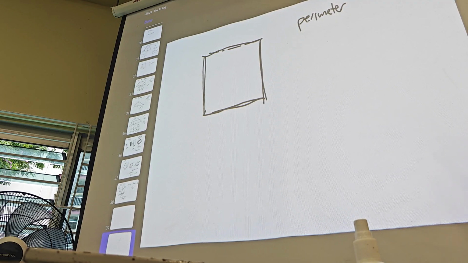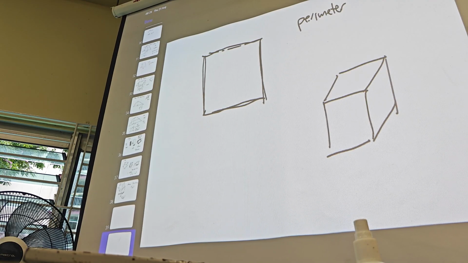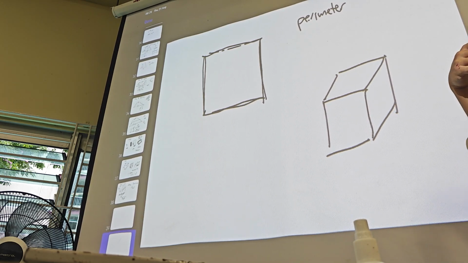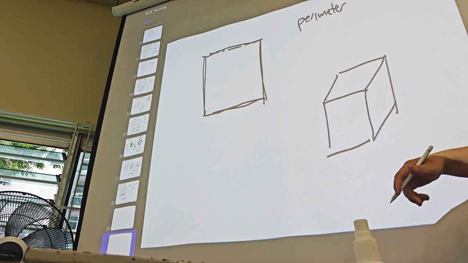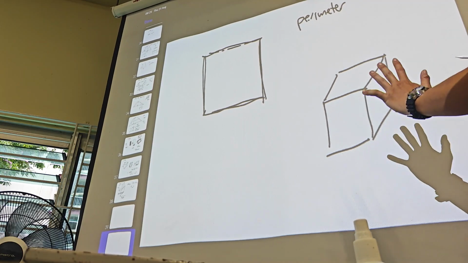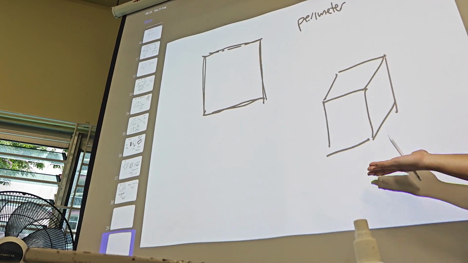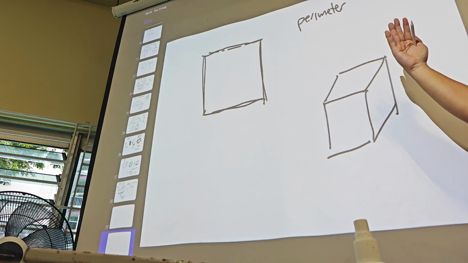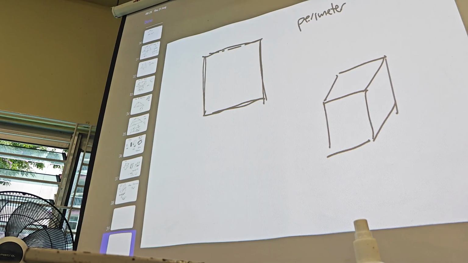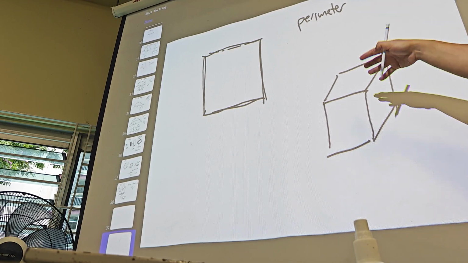Okay? So now we have a 3-dimension object. If we want to measure what is boxing this thing up, we no longer measure it by length. We measure the area that is covering this object from all sides. So for a cube, it will include this top face that is covering the box, the front face, the side face, the bottom face, the back face, and this side. Okay? So there are 6 squares that are put together to cover the box.